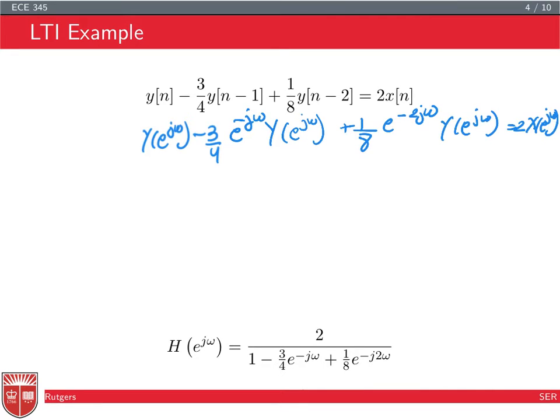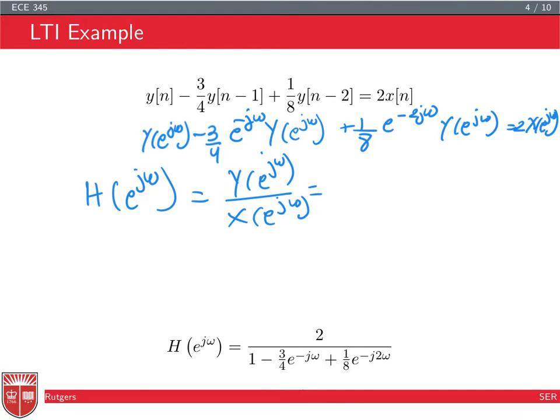And all I have to do now is find the frequency response. H(e^jω) is by definition Y(e^jω) divided by X(e^jω), so it's the output divided by the input. This is going to give me 2 divided by 1 minus 3/4 e^(-jω) plus 1/8 e^(-2jω), which is the expression that is here.